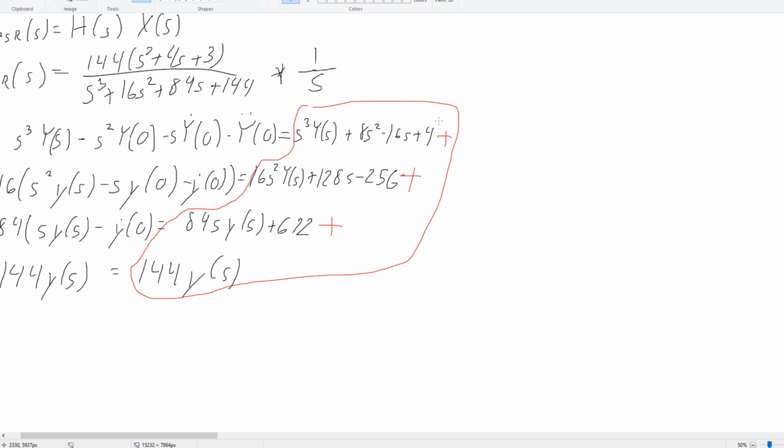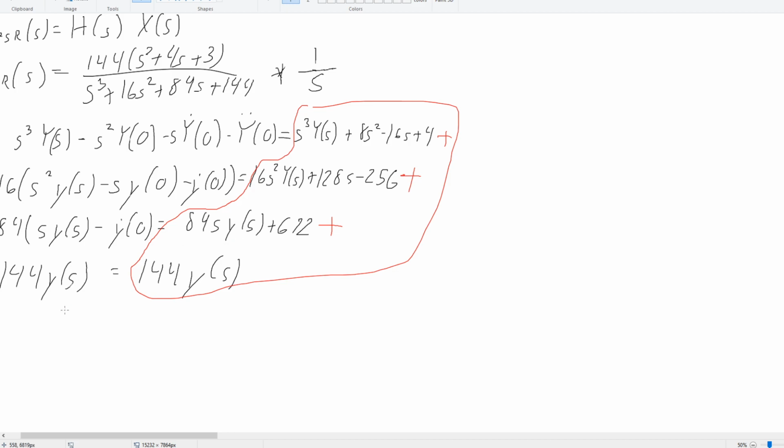And okay, so there's going to be some values with s's, there's going to be constants, and there's going to be some with ys, right? And a combination of a few of those. You're going to have something like this, where you have a constant, an s, and a ys.